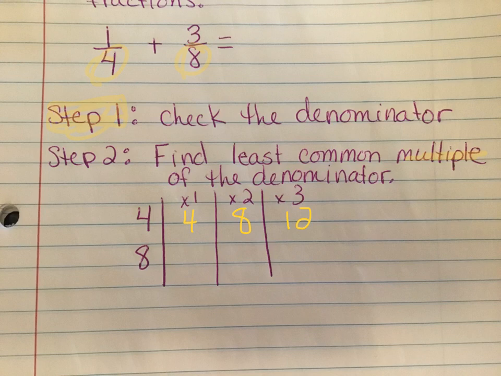Then I have to do it with 8. 8 times 1 is 8, 8 times 2 is 16, 8 times 3 is 24. I'm going to evaluate and look to see if there's anything they have in common. Immediately your eyes should go to, hey, look, they both have 8. Their least common multiple is 8. If we were asked to find their least common multiple, we have now found 8.